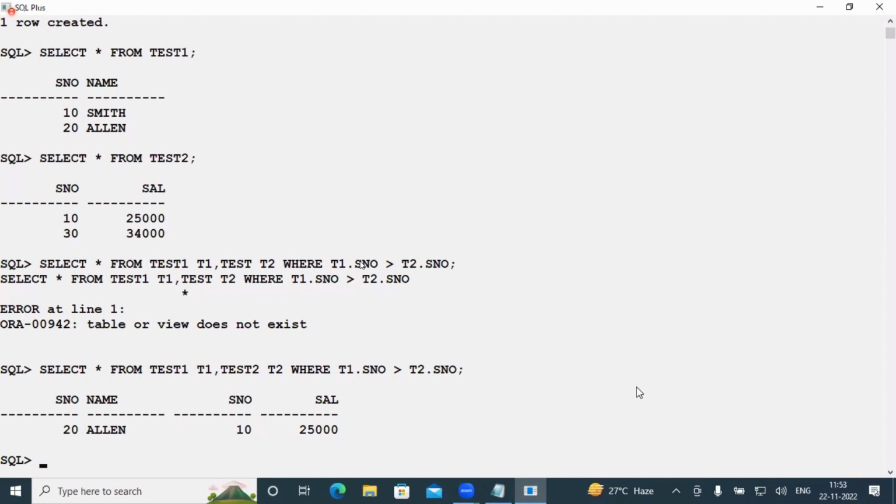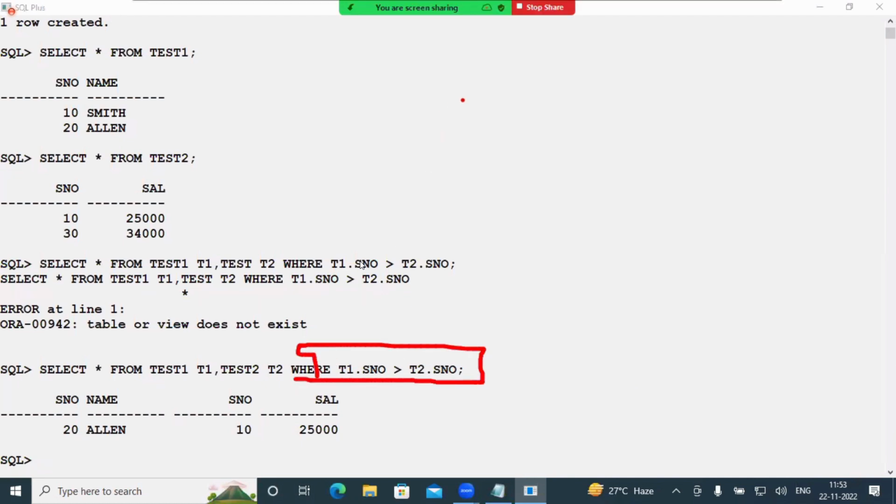So again, I already explained to you. Whenever you have a confusion, take the same condition, whatever I was given, this is my condition, right? T1 serial number greater than T2 serial number. T1 serial numbers, what was there?